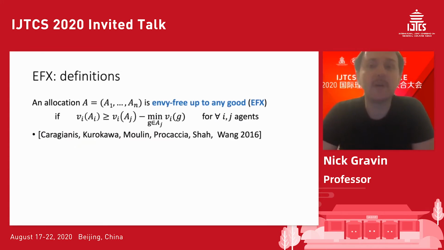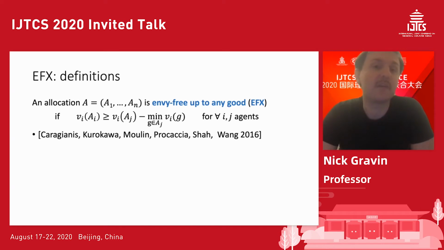So a more strenuous relaxation, a stronger relaxation of the envy-freeness notion, is the so-called EFX allocation. An allocation is called EFX, or envy-free up to any good, if basically every person i will be quite happy with the bundle they get.